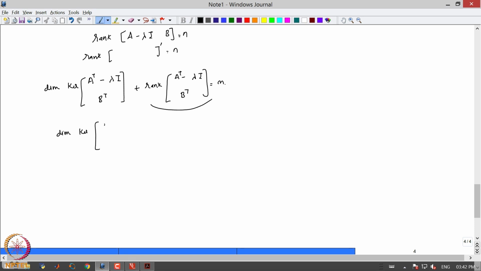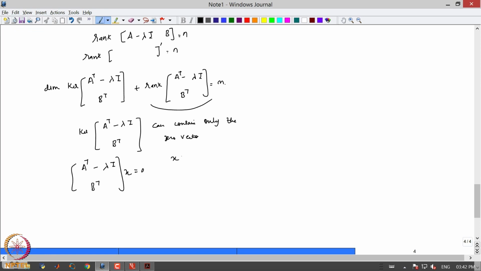The dimension of the kernel of A transpose minus lambda I, B transpose is zero, which means the kernel of this can contain only the zero vector. So, if there exists an x which satisfies this relation, then x should only be 0.